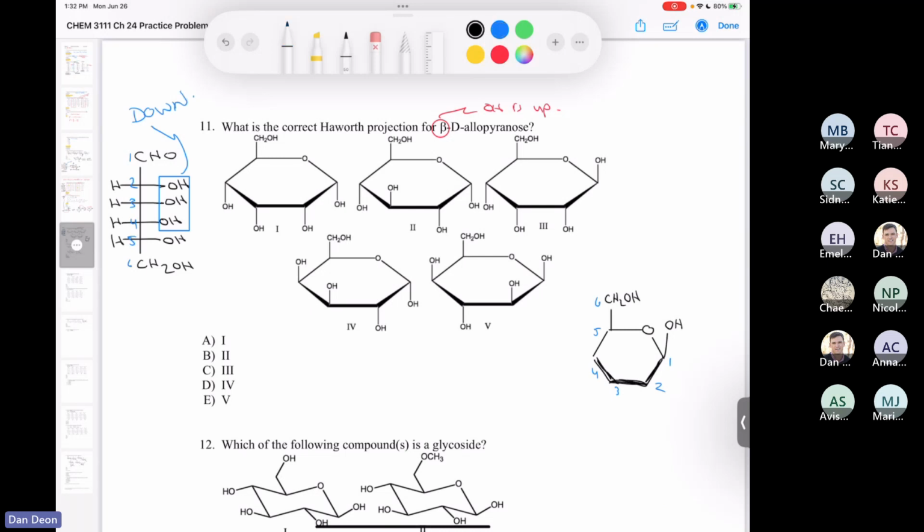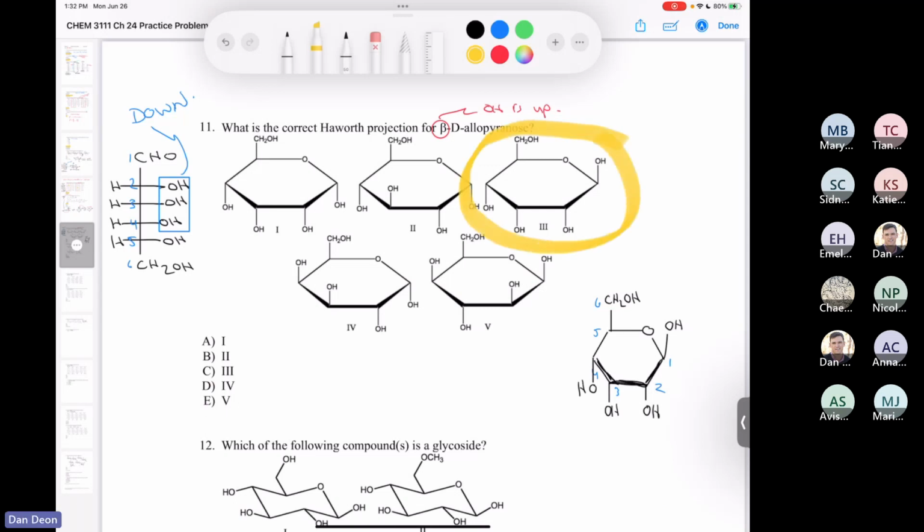All right. So we have a hydroxyl that's pointing down here. We have a hydroxyl pointing down here. And we have a hydroxyl pointing down here. So which one of these is the correct answer? It's going to be 3. Everything is pointing down except for the anomeric carbon, which is beta.